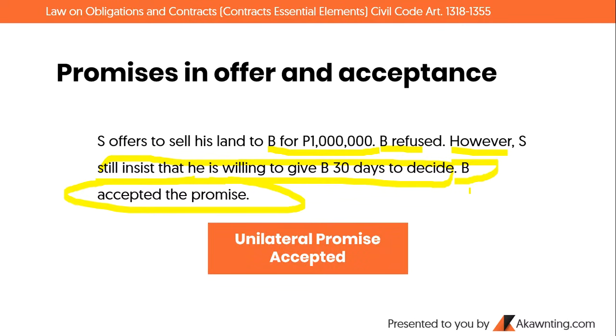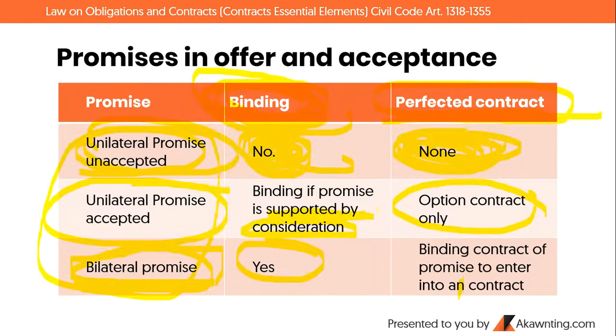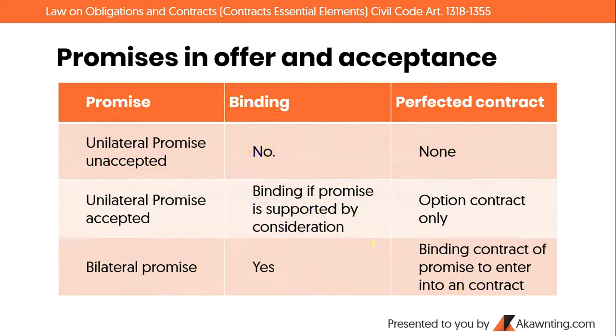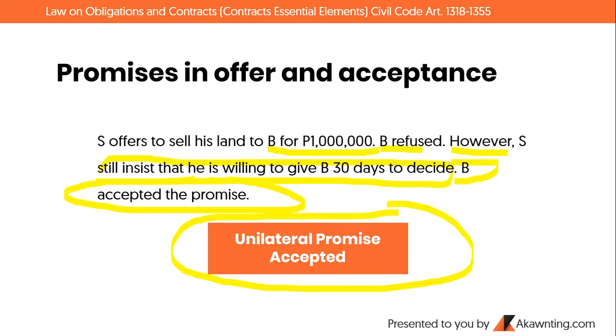Okay? Although this is a unilateral promise accepted, okay, balikan natin yung kanina. Ano sabi ko? Okay? It is binding if promise is supported by a consideration. Okay? So, malinaw dyan. Binding if the promise is supported by a consideration. Pero in this case, kung mapapansin nyo, walang consideration that will support the promise. So, in this case, for example, within 30 days, si B, sabi niya, S, asan na yung lupa?